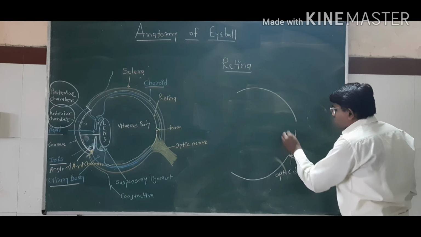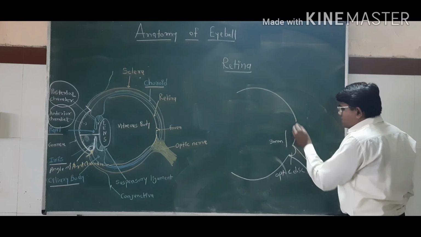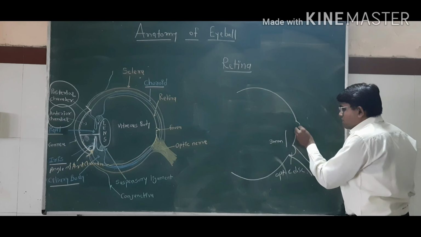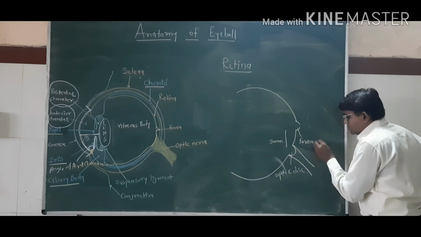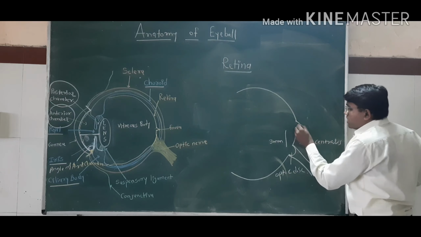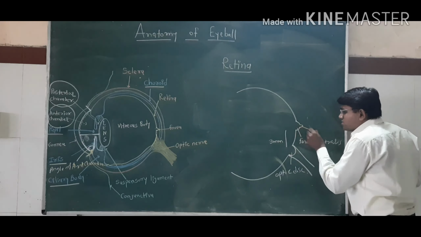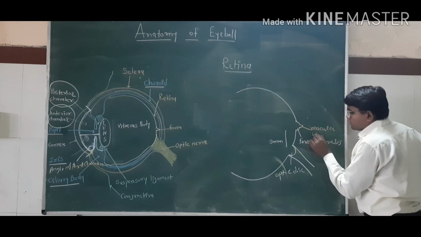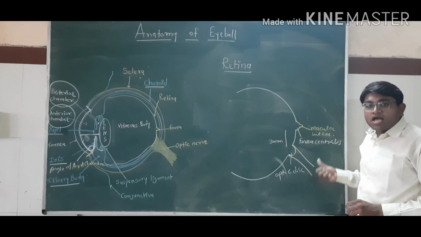Here 3 millimeter lateral is a further depressed area, and it is known as the fovea centralis. And in this fovea, there is one further depressed area, like that. This further depressed area is known as the macula lutea.